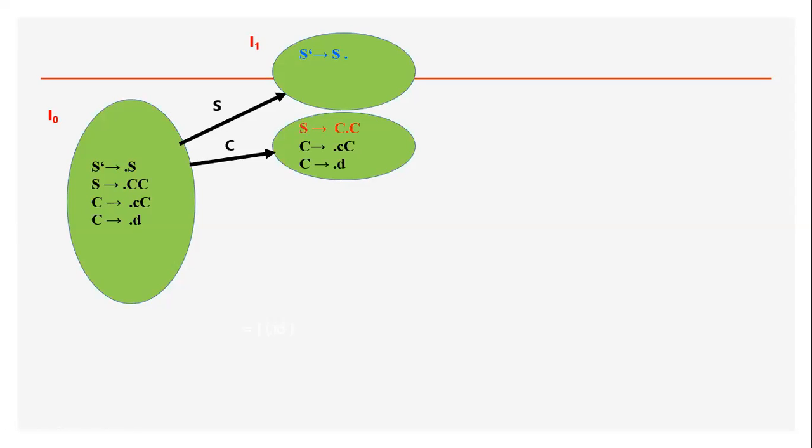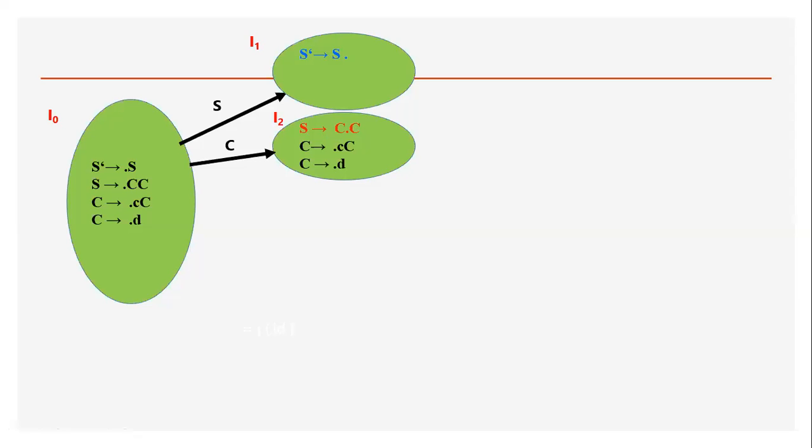Once again, we are not having any particular non-terminals here. Just don't consider the color changing here, because only when the dot comes at the front are we highlighting that. Then one more production, on small c, is it not?